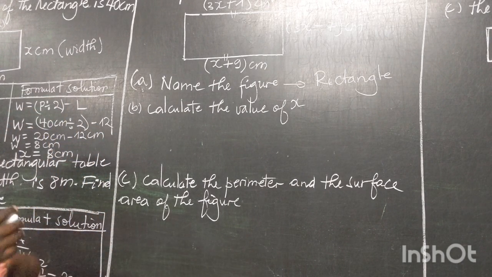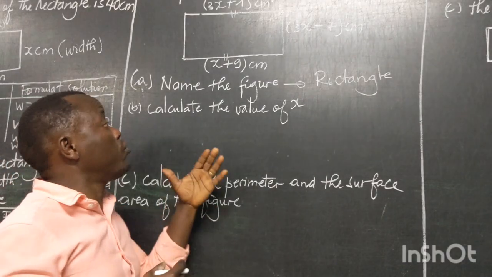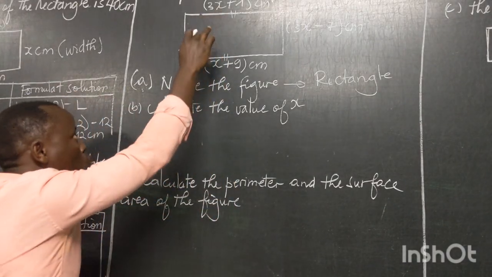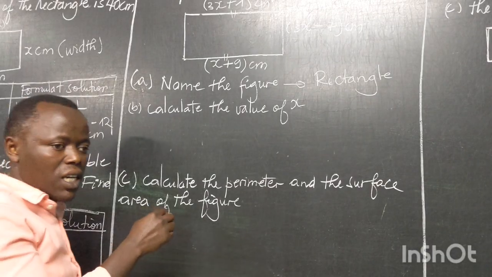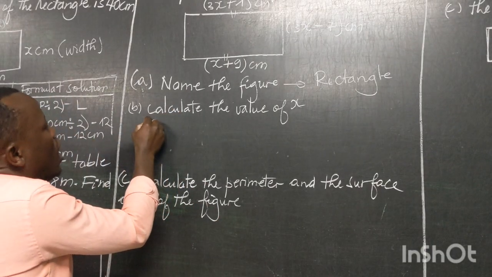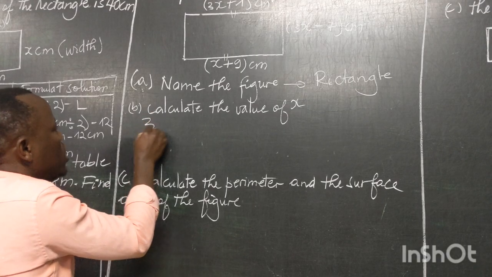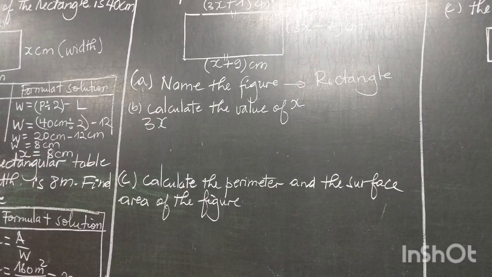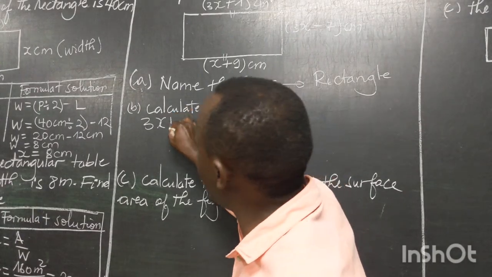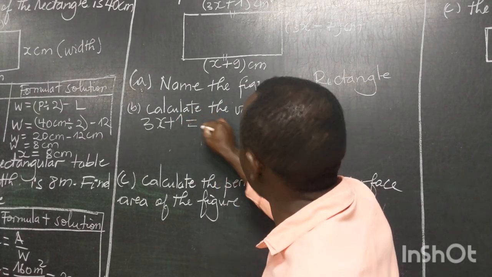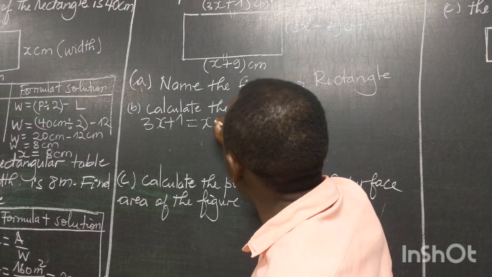That's why, to find the value of x, we are going to equalize the 2 sides: 3x plus 1 is equal to x plus 9.